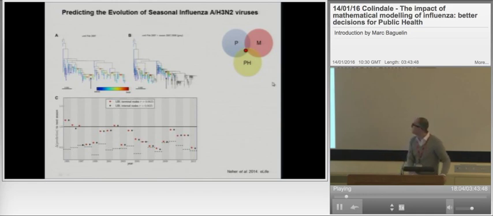So again, I don't have time to go into the details here, but they came up with what they call the local branching index, which is basically a metric that allows you to identify, as I said, parts of the tree where viruses may have a higher fitness. And they tested this and reckon that the predictive value of their framework worked pretty well in the majority of the cases. Sorry for the very precise indications here.